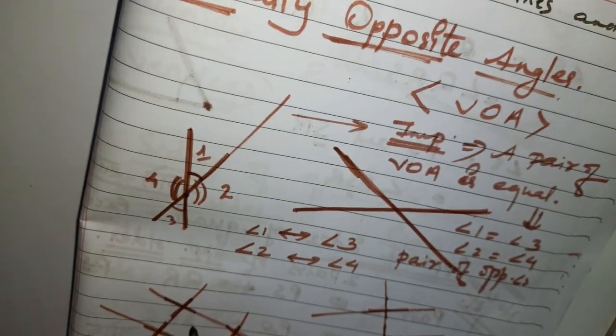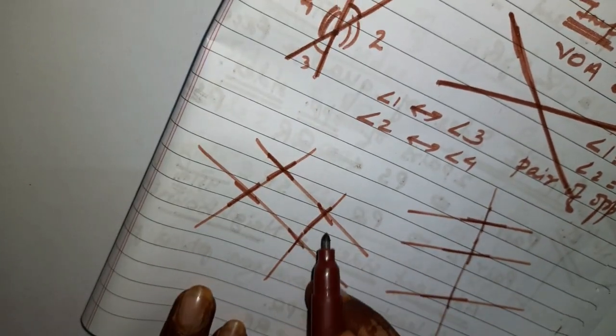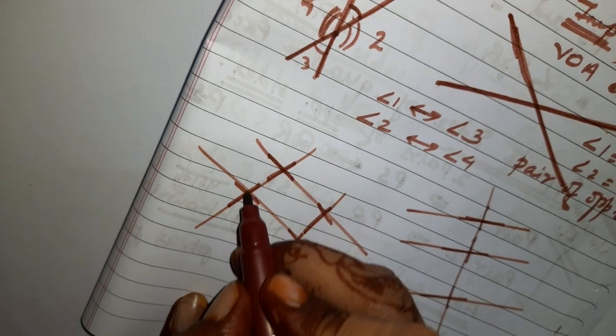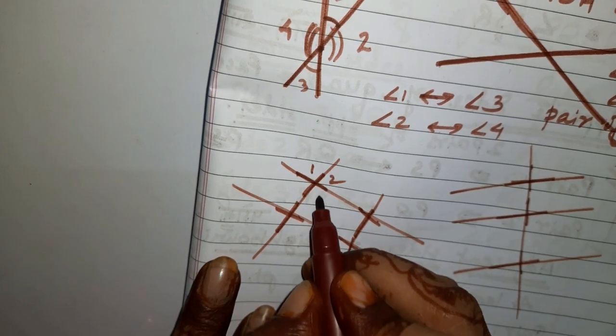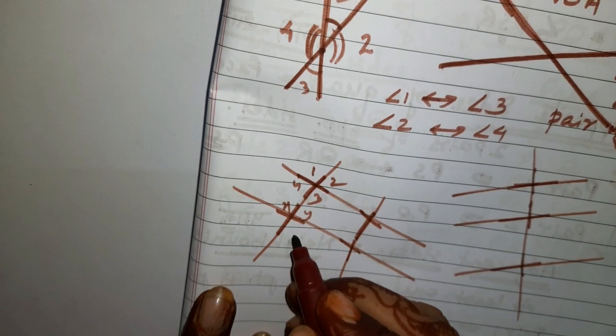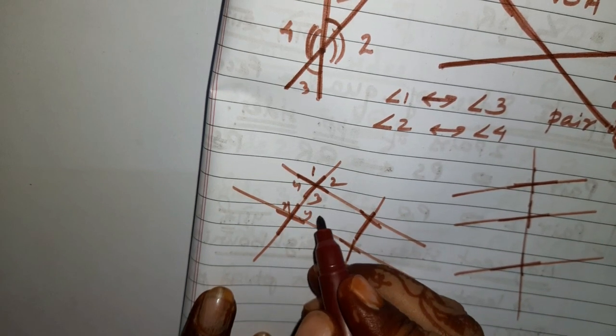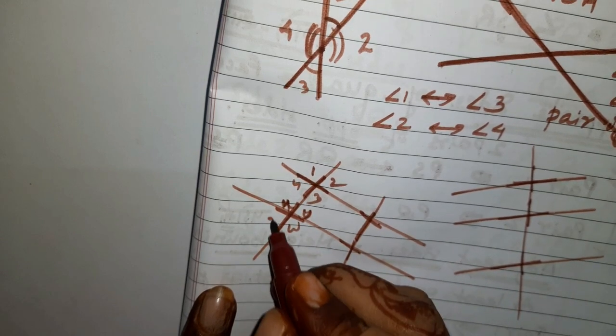Here also you can see there are so many angles, so many crosses. Again here, if you give names to these angles, say this is 1, this is 2, this is 3, this is 4, and let me take one more set: u, v, w, x.